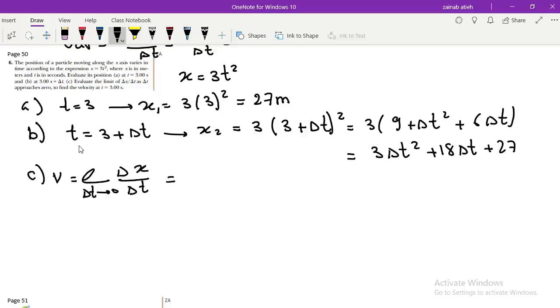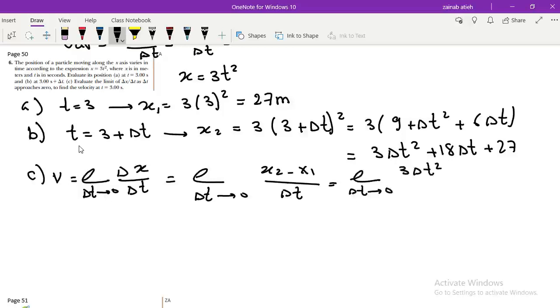This is equal to, substituting, the limit as delta t tends to 0 of x2 minus x1 over delta t. It's equal to the limit as delta t tends to 0 of 3 delta t squared plus 18 delta t plus 27 minus 27, all of it over delta t. Bad handwriting at the end.